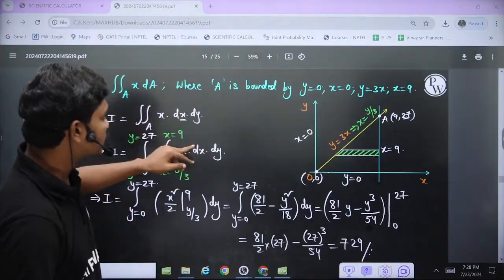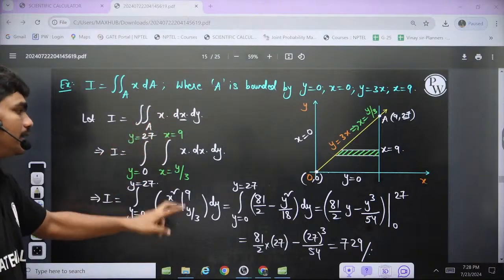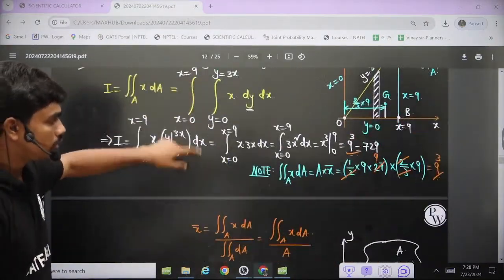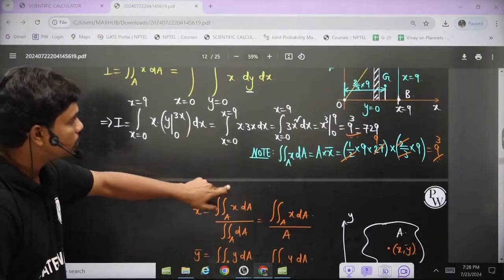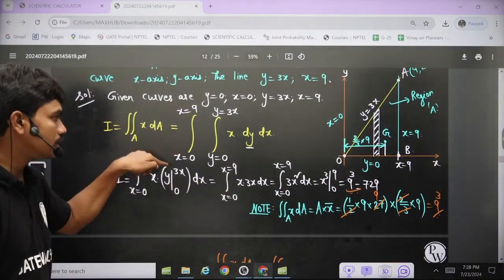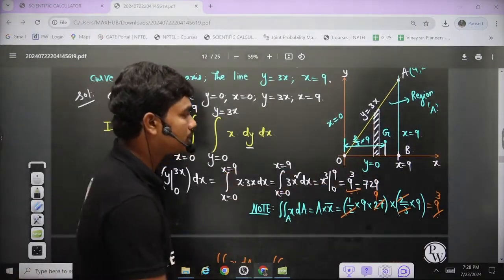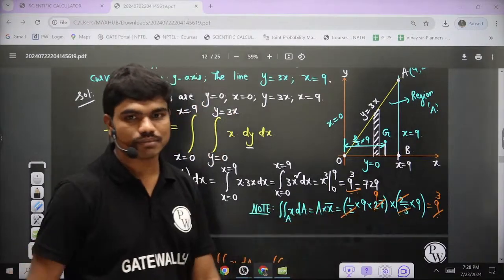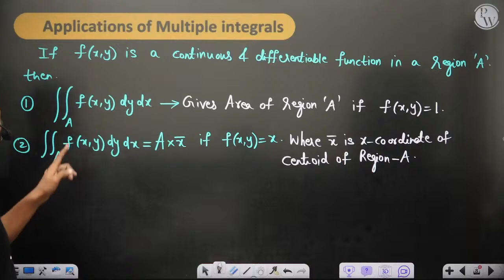For this case we calculated integral x dA. Once we calculated this integral using the integration technique we got the answer to be 729, but by multiplying area with the x coordinate of the centroid we also got the same answer, 729. Okay, so this is what you get.